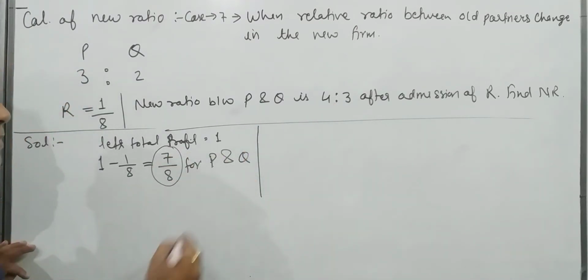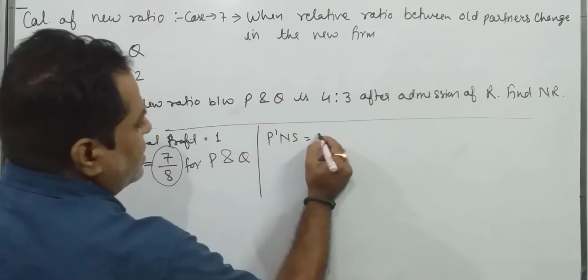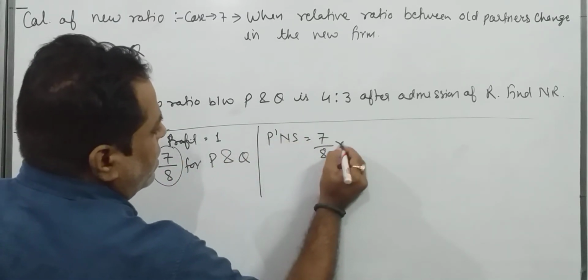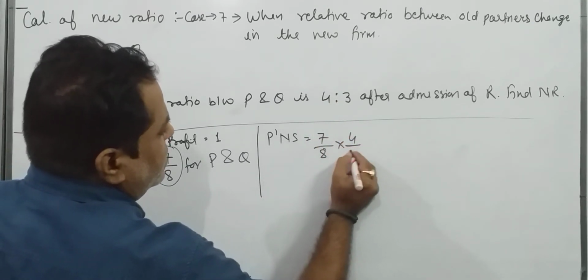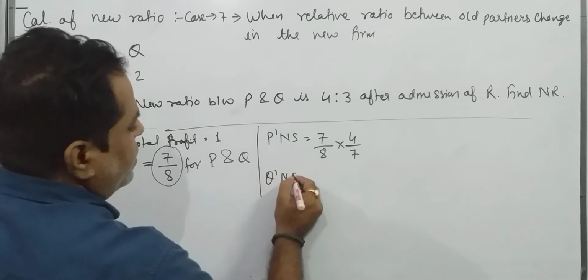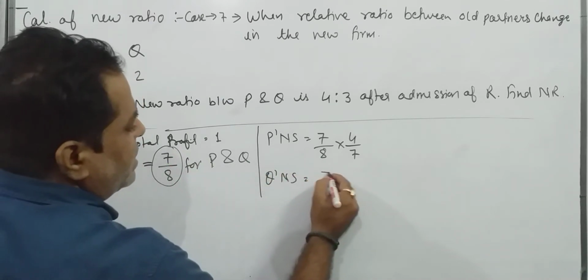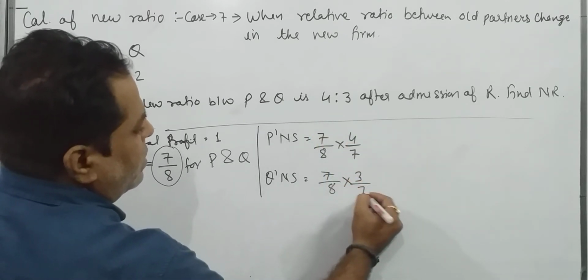Now see how. P's new share is this remaining part 7 upon 8 into 4 upon 7. In the same way, Q's new share is this remaining part 7 upon 8 into 3 upon 7.